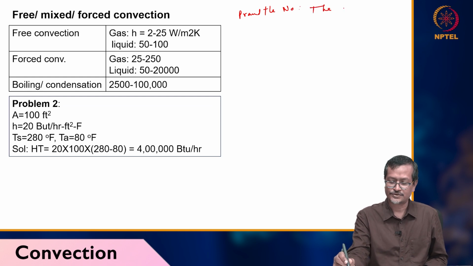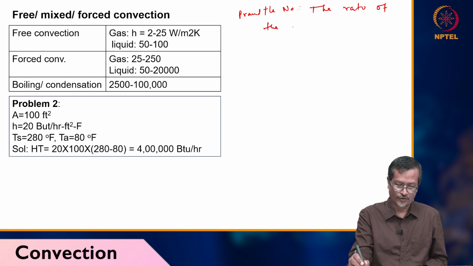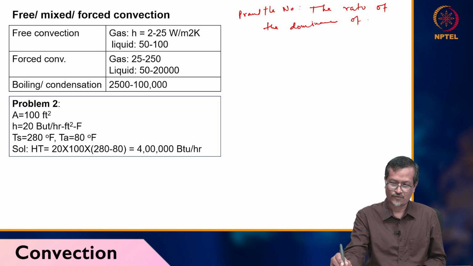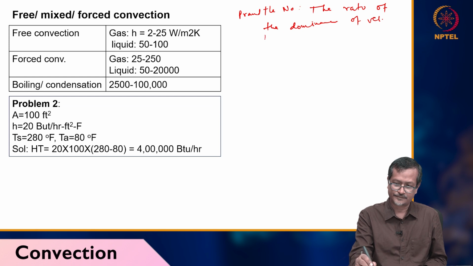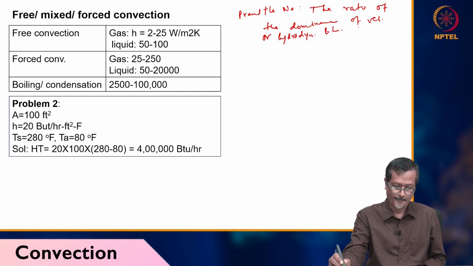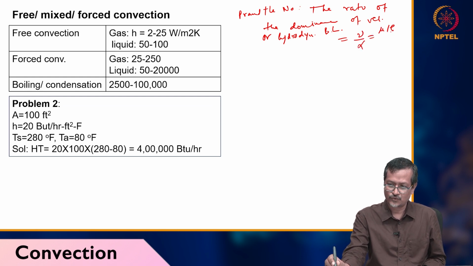The Prandtl number is also a ratio, of the dominance of velocity or hydrodynamic boundary layer to the thermal boundary layer. The formula is nu by alpha, equals mu by rho, divided by k by rho Cp.